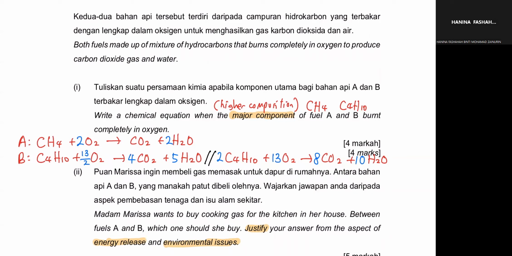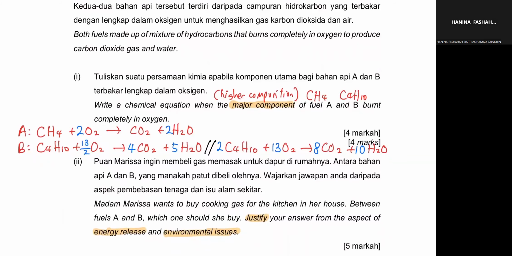Then the last question, last question of the day. So Madam Marisa wants to buy cooking gas for the kitchen in her house. Between fuels A and B, which one should she buy? Justify your answer from the aspect of energy released and environmental issues.